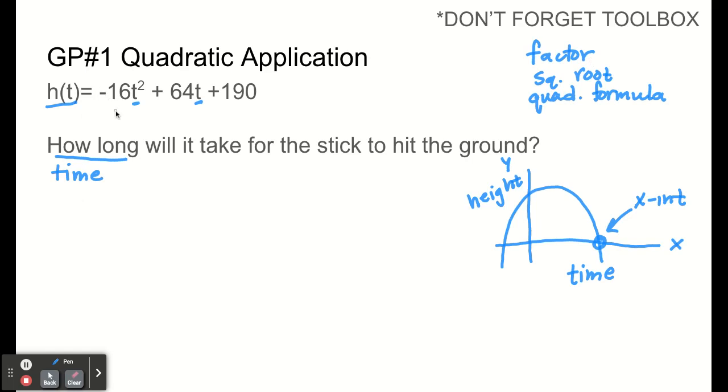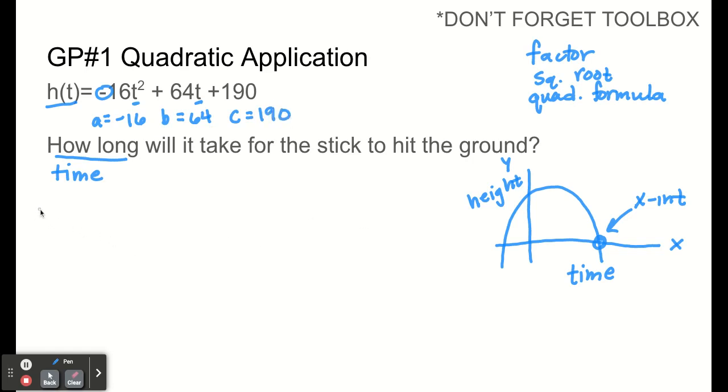So for the quadratic formula, I'm going to identify my a, b, and c values. Make sure that when you identify these that you're including the negatives. Those are super important. So a is negative 16, b is 64, and c is 190.